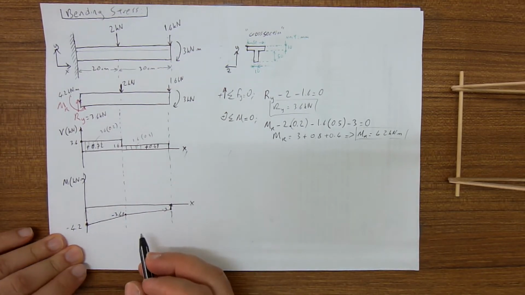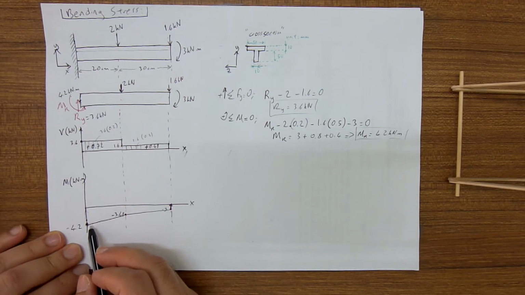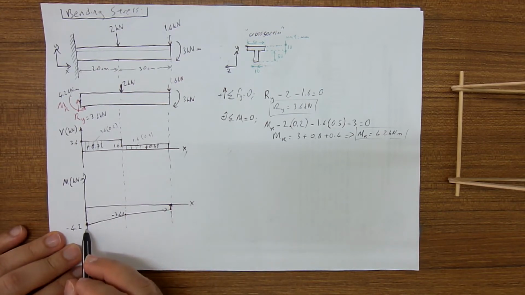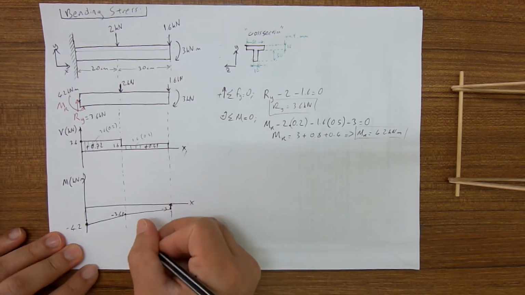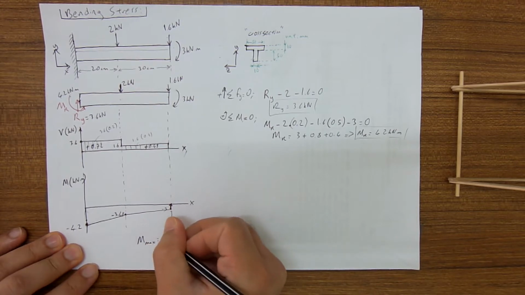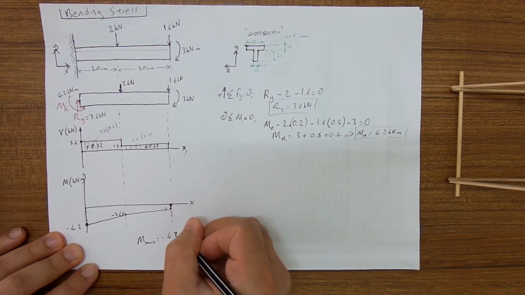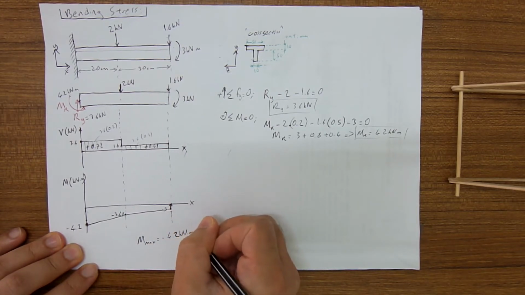So when we look at this moment diagram, we can easily see that the maximum moment is minus 4.2 kilonewton meter. So M max is equal to minus 4.2 kilonewton meter.